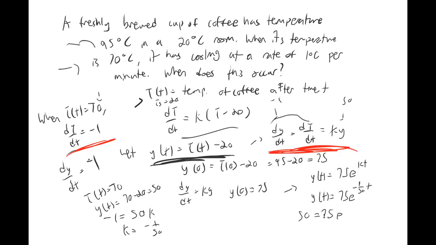So the answer is whatever t solves 75 e to the -1/50 t equals 50. Because 50 divided by 75 is 2/3, you should get negative 50 ln of 2/3 as your answer.